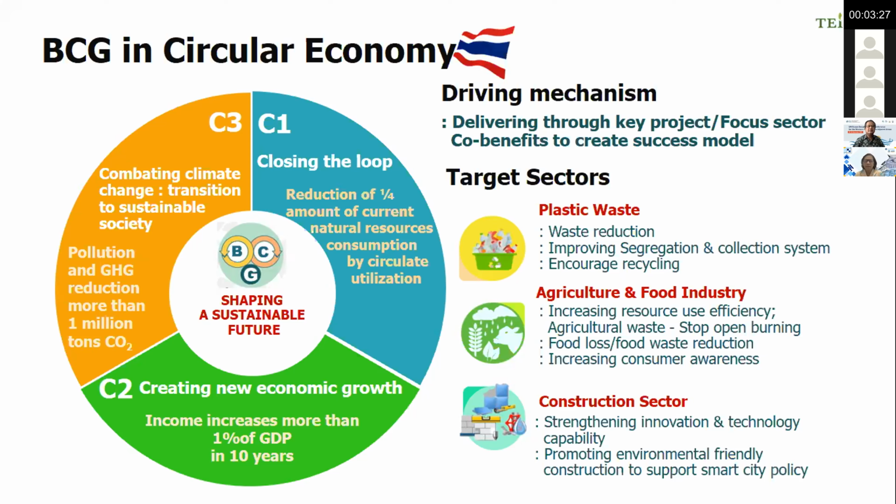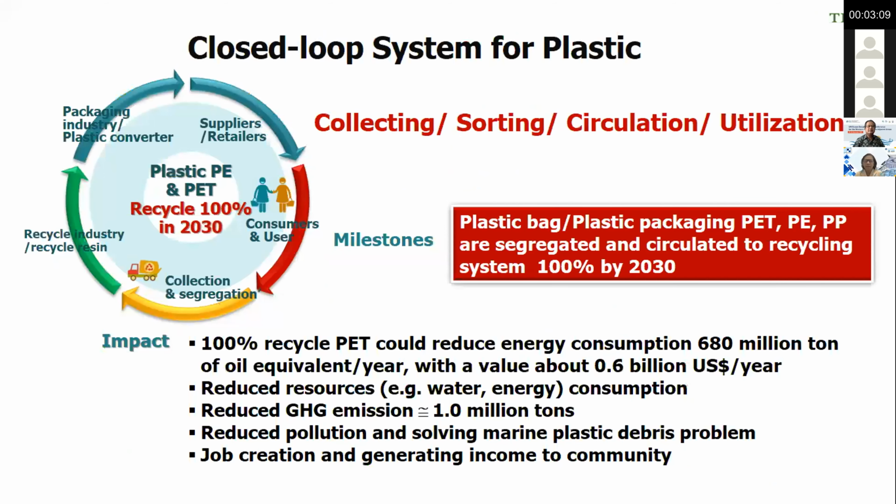The target sectors that we selected for implementing circular economy in Thailand are plastic waste, food waste and food loss for the agriculture and food industry, and the construction sector that consumes a lot of natural resources. For plastic waste, we are implementing a closed loop system that supports the national roadmap on plastic waste management. This is implemented closely with our stakeholders.